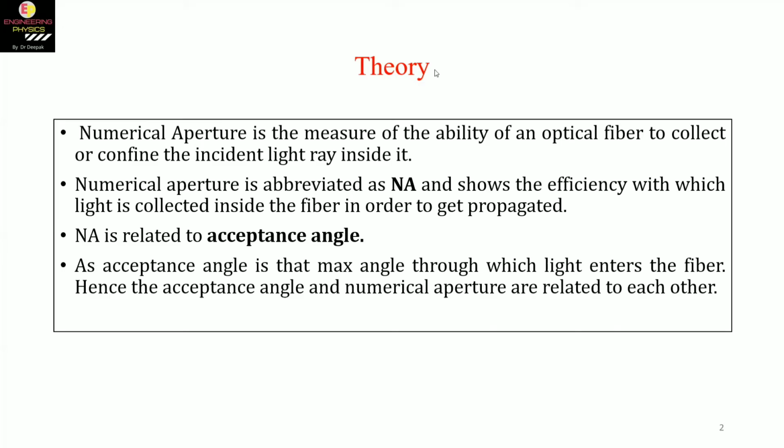So numerical aperture is related to the acceptance angle. The acceptance angle is the maximum angle through which light enters the fiber. Hence, the acceptance angle and numerical aperture are related to each other.